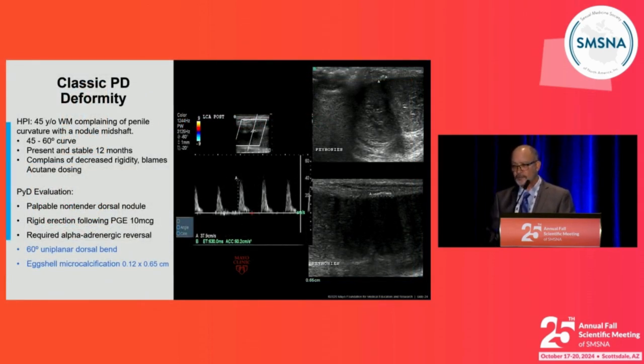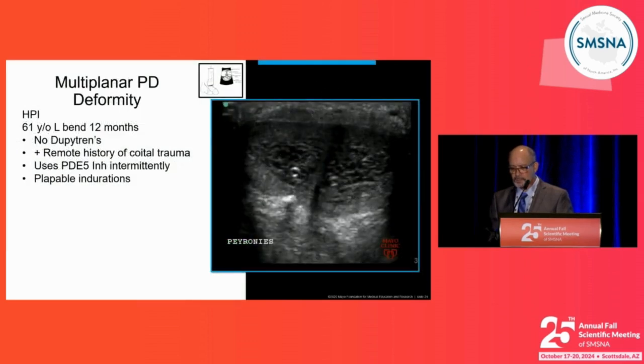So the classic deformity of Peyronie's disease here, I call these eggshell microcalcifications, and they do respond to Xiaflex or intralesional CCH, okay? Very different than what I'm gonna show you in terms of fully calcified plaques.